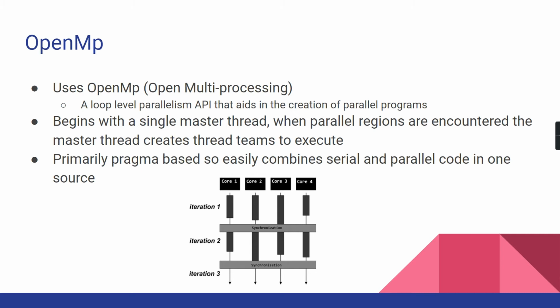So it'll start with one master thread, and then when it comes to a place where it can parallelize what's happening, the master thread will create a team of threads and execute the parallel regions. And this is primarily pragma-based, so it's really easy to switch between and combine serial and parallel code.